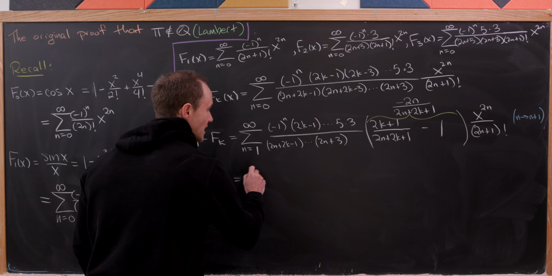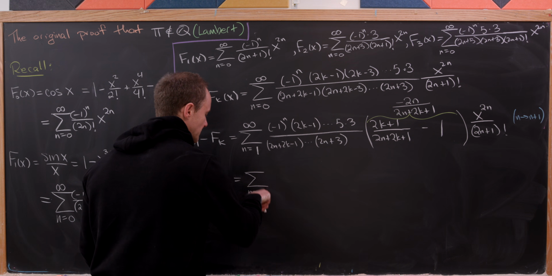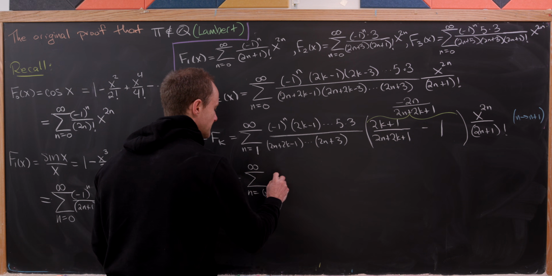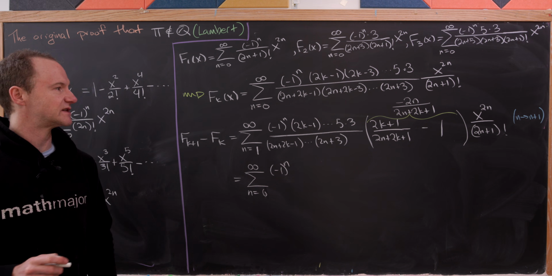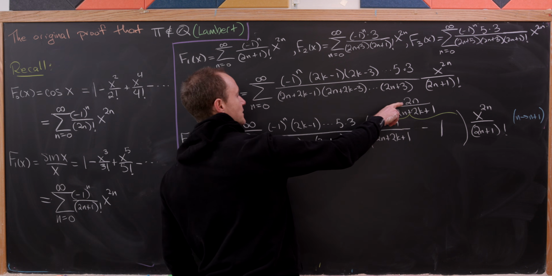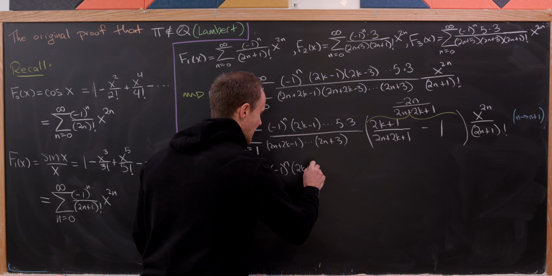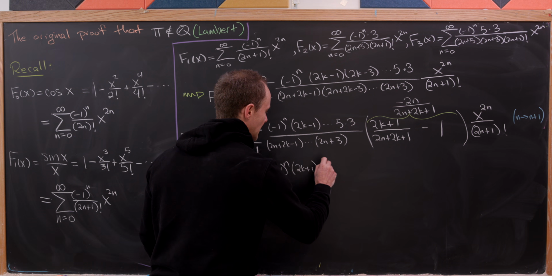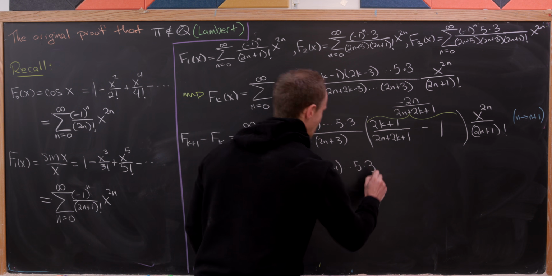And that'll leave me with the sum as n goes from 0 to infinity of a minus 1 to the n. You might say, well, now it's minus 1 to the n plus 1, but I'll do the same thing as I did before and absorb this minus sign into the 1 over here. And then I'll have 2k plus 1 times 2k minus 1 multiplied all the way down to 5 times 3.